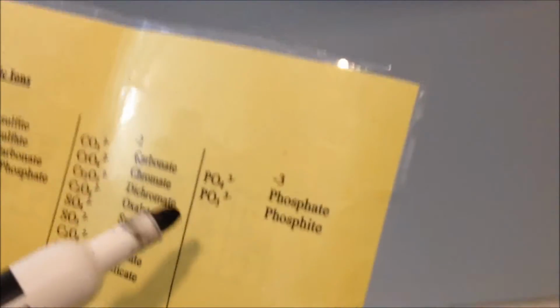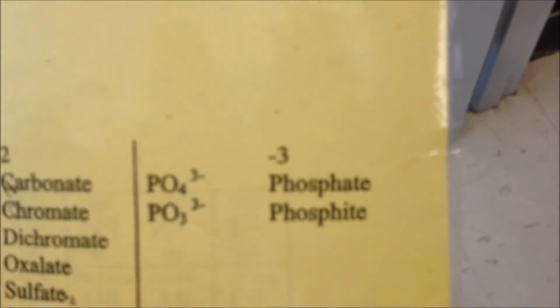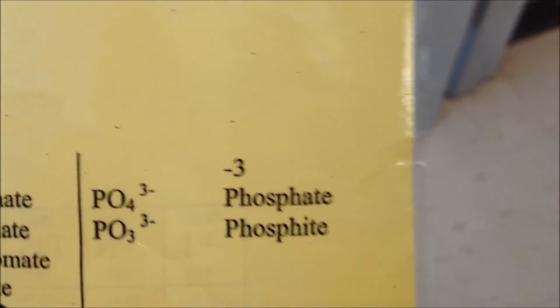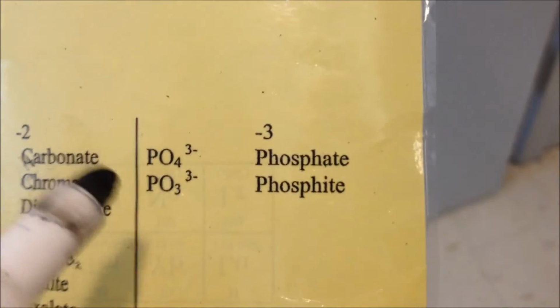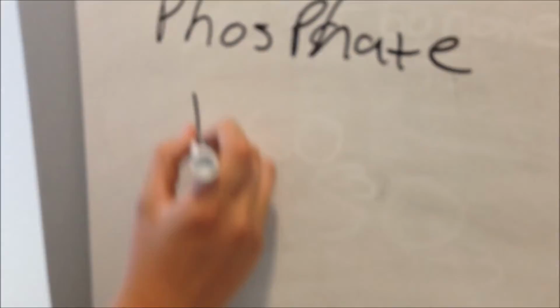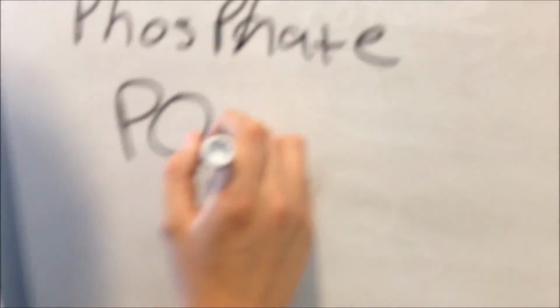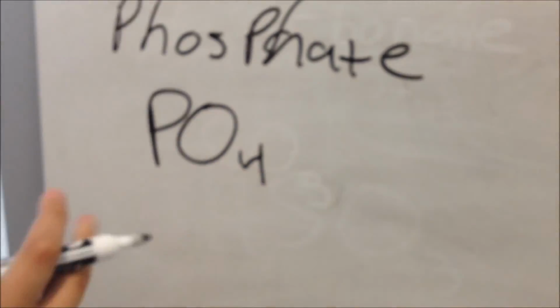Phosphate is in the last column. It has a -3 charge. The charge does not matter when we are writing polyatomic ions from names. So what we're going to do, we're just going to write PO4. So let's do that. The 4 is smaller because it's a subscript number.